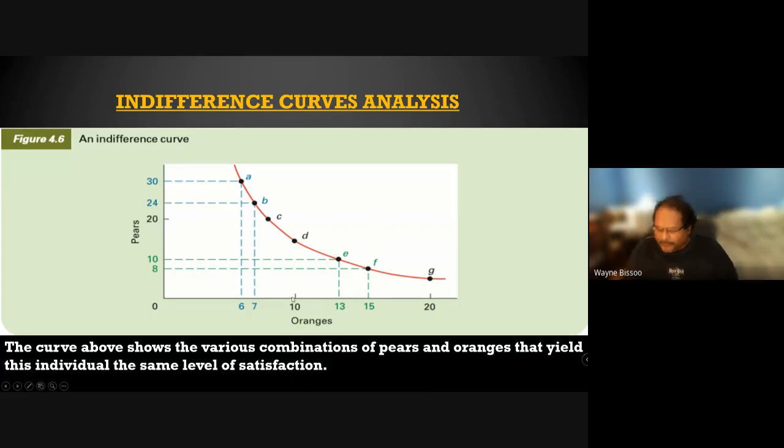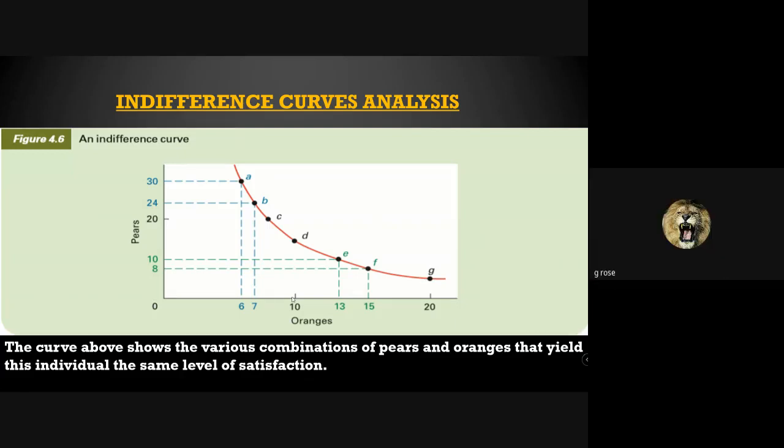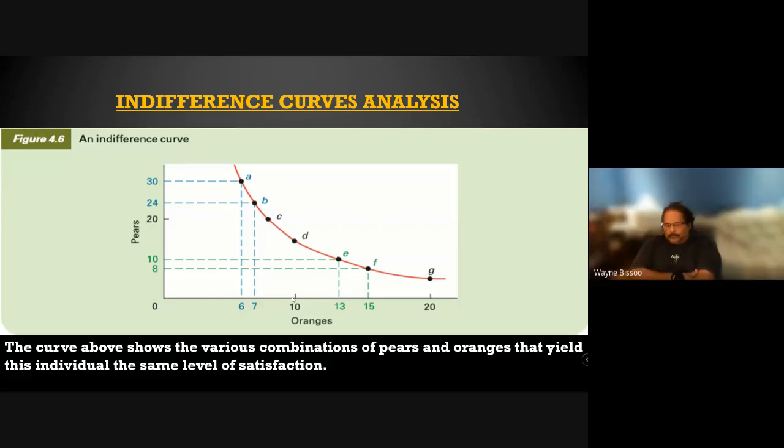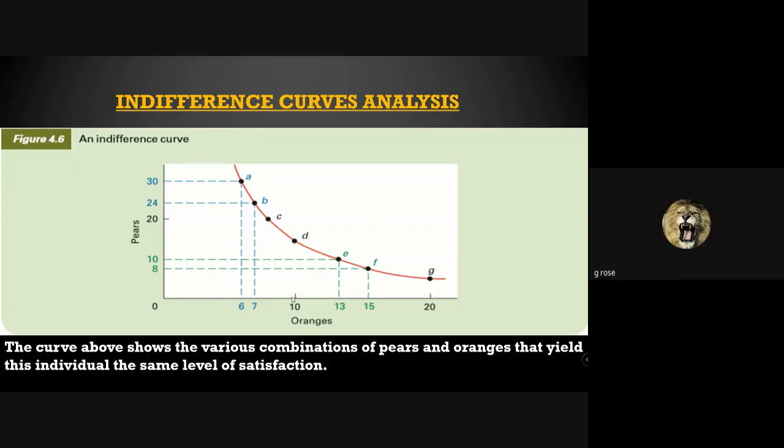Now, for somebody in the Caribbean, where pears are more expensive than oranges, and sometimes we can just get oranges in the back of the yard, our indifference curve might be different. Why would I say that? Because we will be having more oranges than pears.